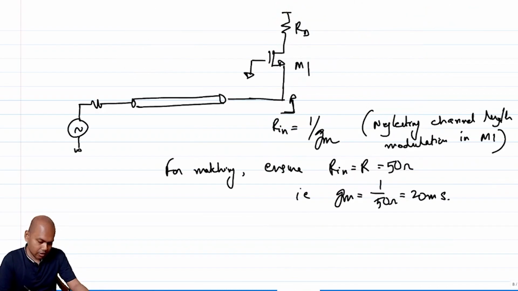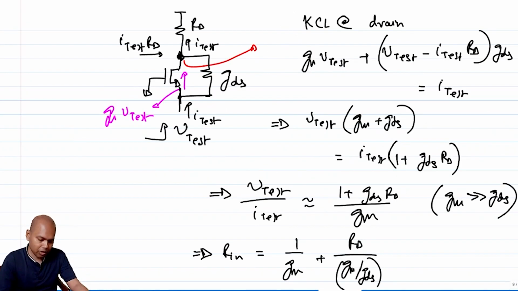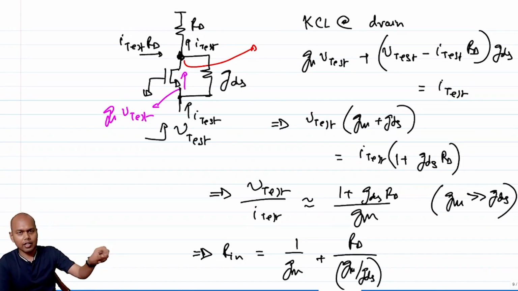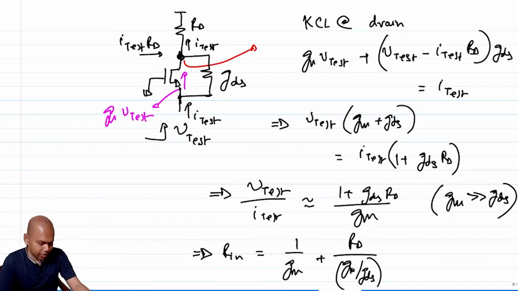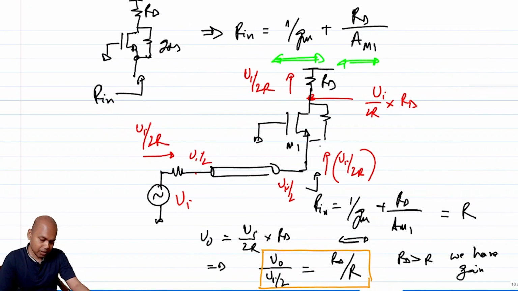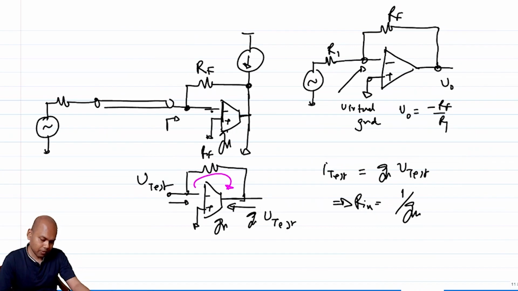And the second topology that we saw was that of a common gate amplifier, right? Where looking in impedance is essentially 1 over Gm. That is a very first order approximation. A better approximation is 1 over Gm plus the Rd that we have divided by the intrinsic gain of the transistor. In order to ensure a match, you have to ensure this Rin becomes effectively equal to R. And the third option that we saw was basically a transistor in negative feedback, right?